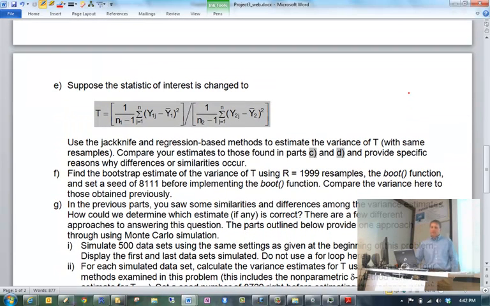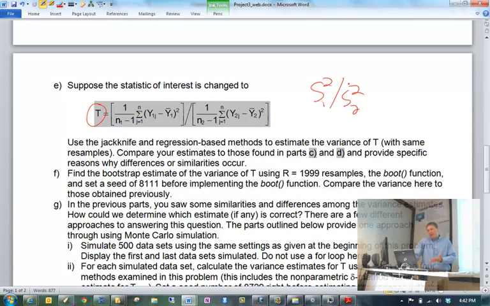Part E. Let's change the statistic of interest, let's call it T, to basically S1 squared divided by S2 squared, so the unbiased estimates. And let's redo some of these calculations now using the Jackknife and the regression. This part E is motivated by a number of you being concerned that we've been using the biased estimate of the variance itself in Chapter 2.